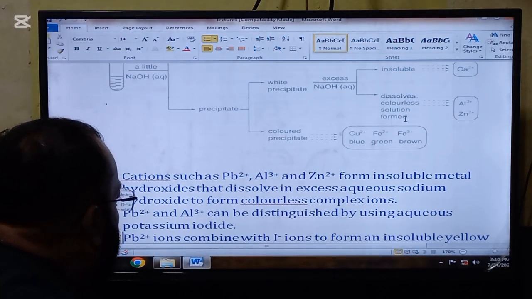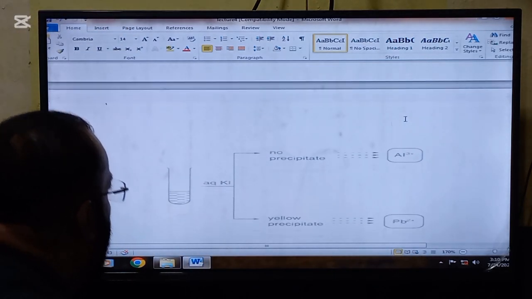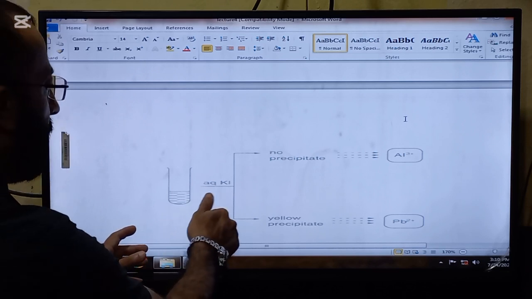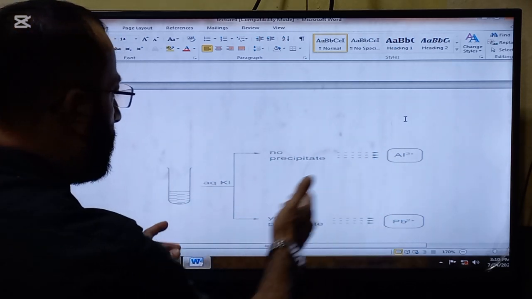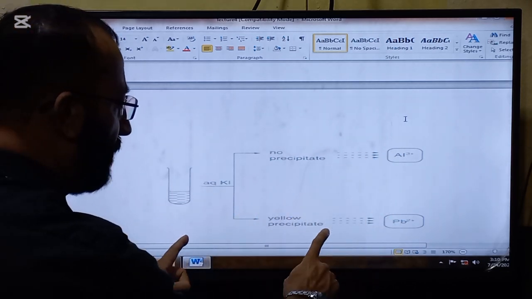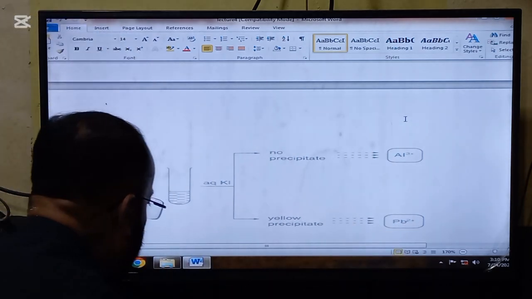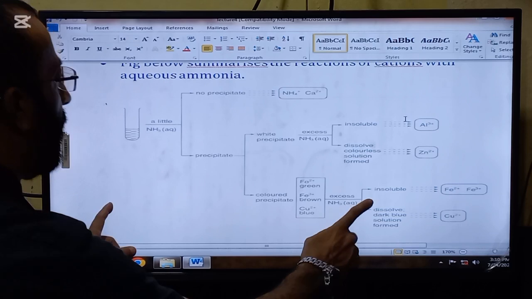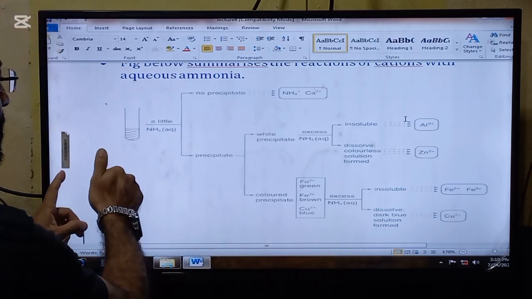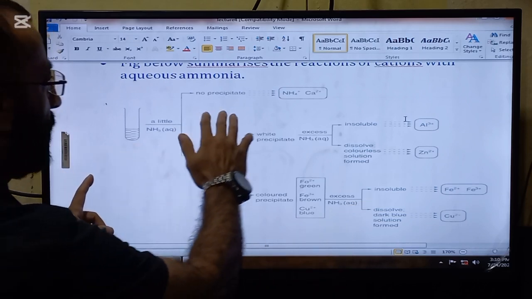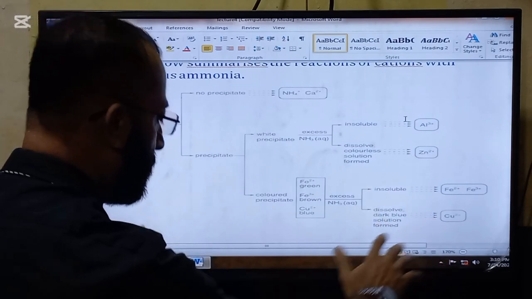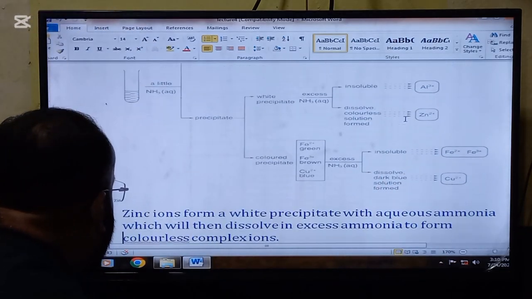Here is the second figure: if the cation reacts with aqueous KI, and this figure has a very limited scope, only for aluminium and lead. And this is the third figure which you have to learn: if the cation reacts with ammonia, these will be the signs to determine which is the cation.